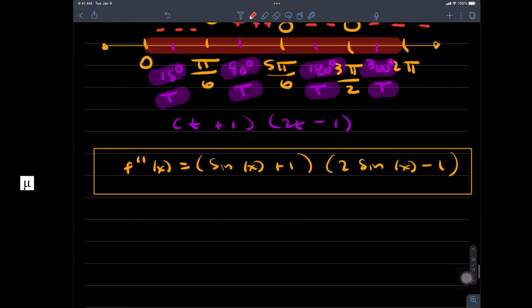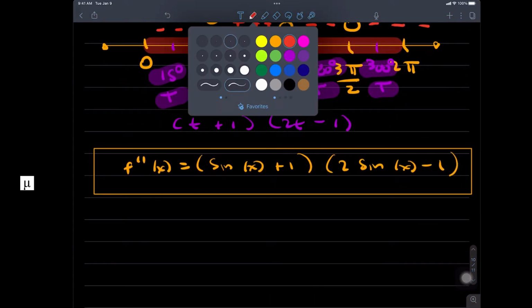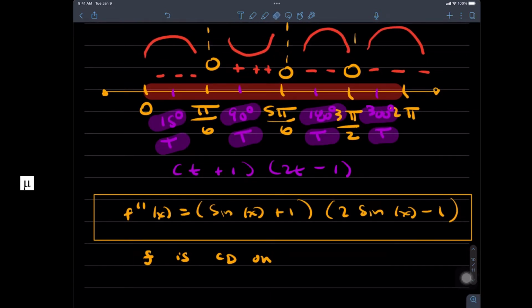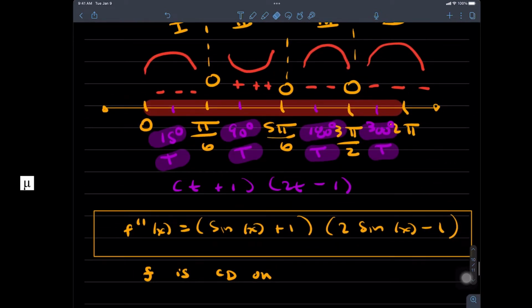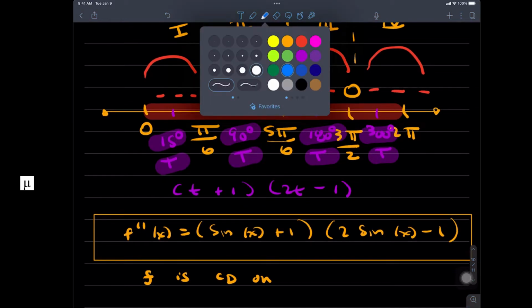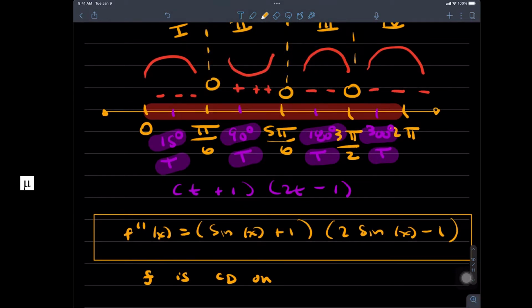So let's now communicate the answer, the conclusion. Your function is concave down on which intervals? Remember, the domain was restricted from 0 to 2 pi. So, region 1, region 3, region 4.